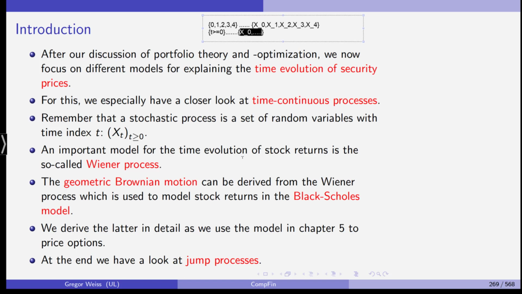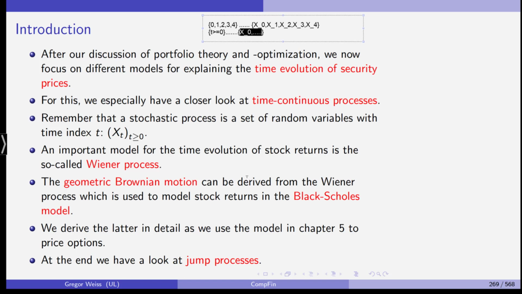And then we'll later on derive models, especially the Black-Scholes model, which we can use to price options. But in this chapter, we already learn the most important ingredient, which is the Wiener process and the geometric Brownian motion, which is the assumption made in the Black-Scholes model for the time evolution of the underlying price.